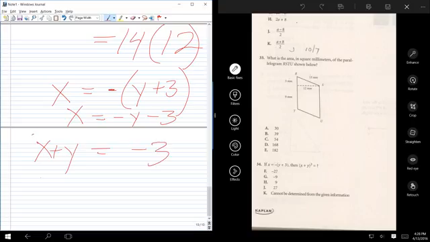Now, what's x plus y cubed? Okay, that's way different than what I would have done. It's 27, but... That's negative 27. Oh, yeah. Minus 3 times minus 3 times minus 3 is minus 27.